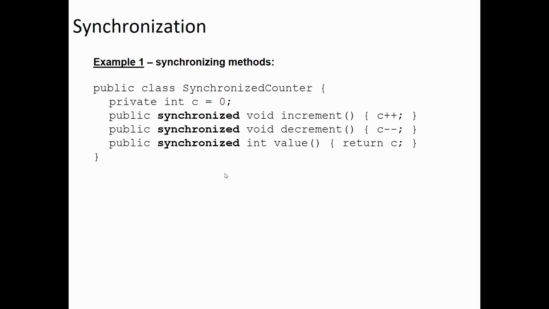So if you put the word synchronized before the method, anything inside the method is a critical section. And if anybody wants to call it, he or she has to take a monitor, and the monitor is connected with the object. So all three elements will have to wait for each other.